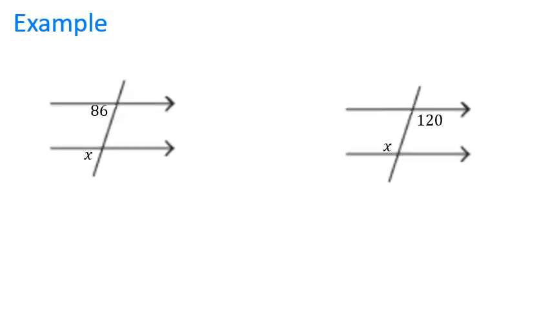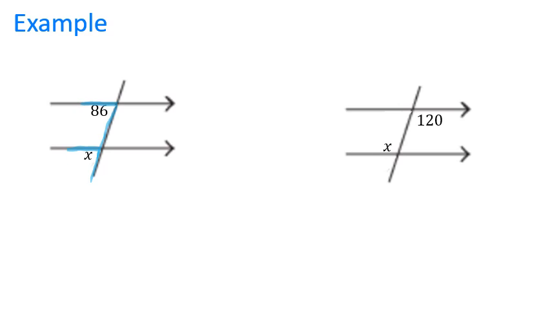Let's have a go at identifying these angles. If I'm not sure what shape it makes, then I always get out my highlighter and I draw in the corner of each angle. Like this is the corner of that top angle, and this is the corner of that next angle. We can see here that it makes an F shape. Even though it's back to front, it is still an F shape.